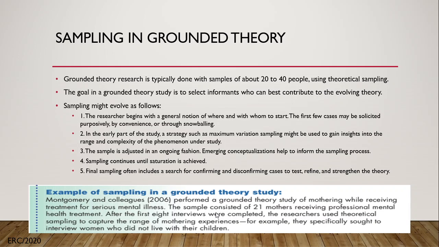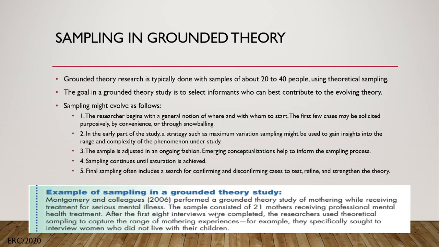Okay, the goal in a grounded theory study is to select informants who can best contribute to the evolving theory. Okay, sampling, data collection, data analysis, and theory construction occur concurrently, and so study participants are selected serially and contingently. Okay, sampling might evolve as follows.